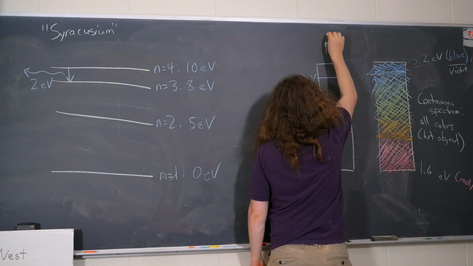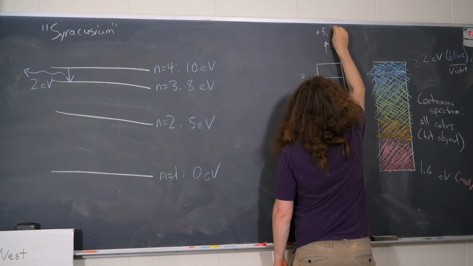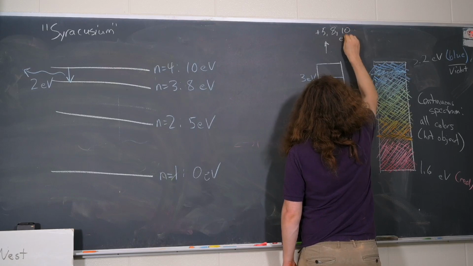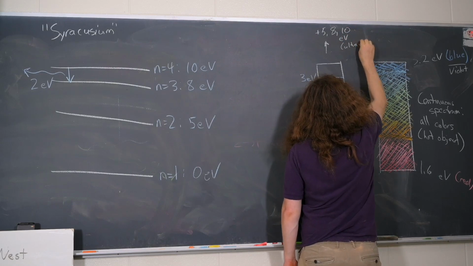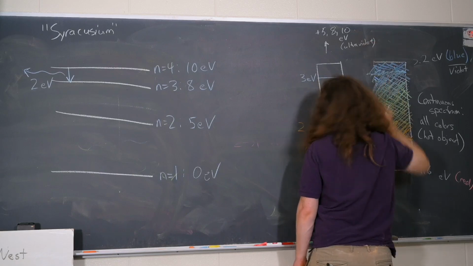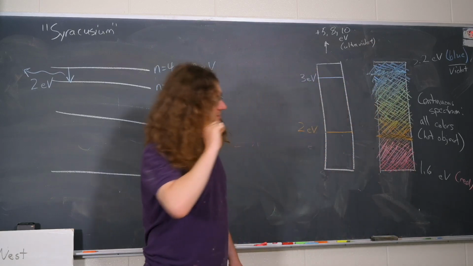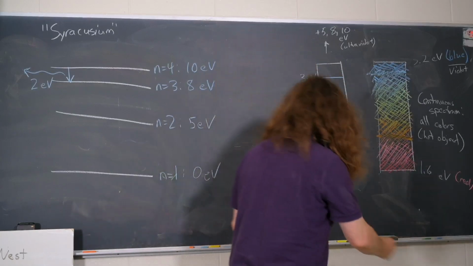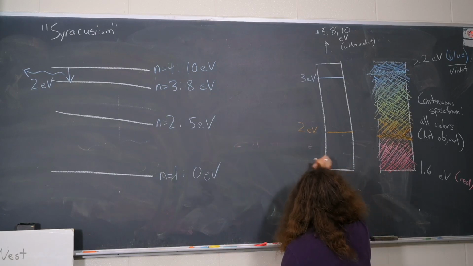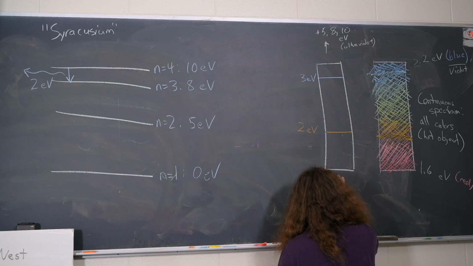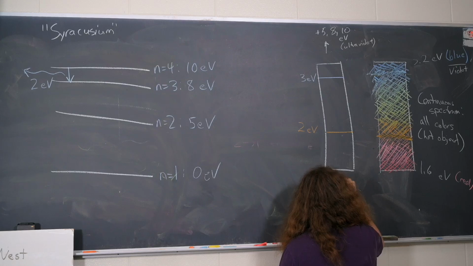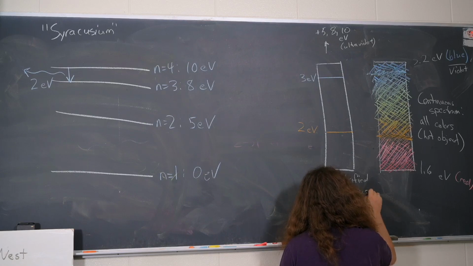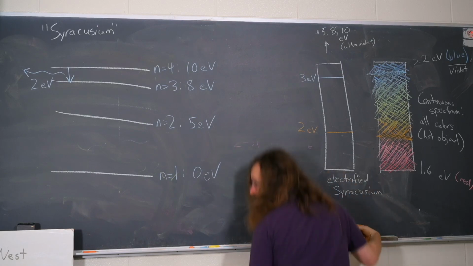Along with lines at 5, 8, and 10 eV that are ultraviolet that we cannot see. So if this is a continuous spectrum like a hot object, this here is, we'll say, an electrified gas, like a neon lamp.